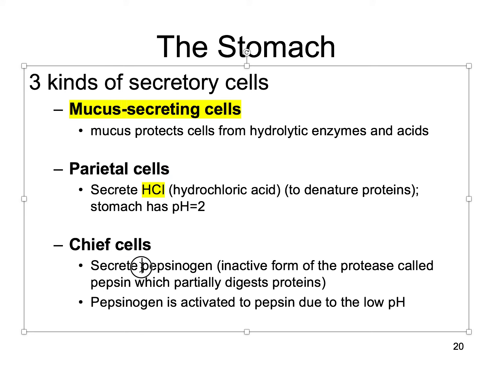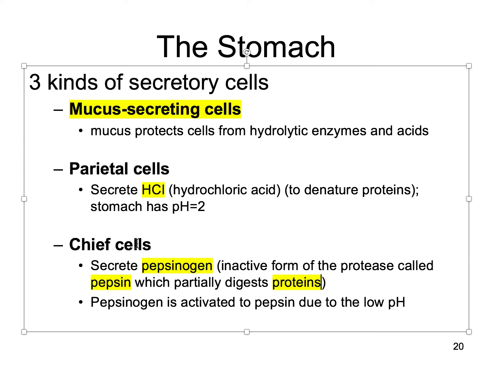Then we have chief cells. The chief cells produce a compound known as pepsinogen. Pepsinogen is an inactive enzyme. Whenever you see ogen at the end of an enzyme name, it means that it's an inactive enzyme or zymogen. This inactive enzyme is an inactive protease, which once we convert it to the active form is known as pepsin. And pepsin's job is to digest peptide bonds, which hold together proteins.